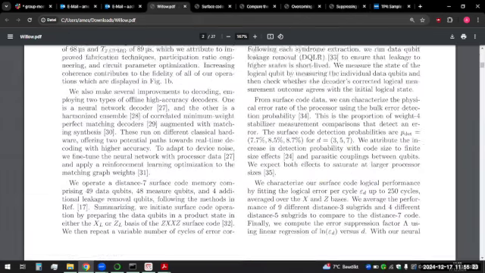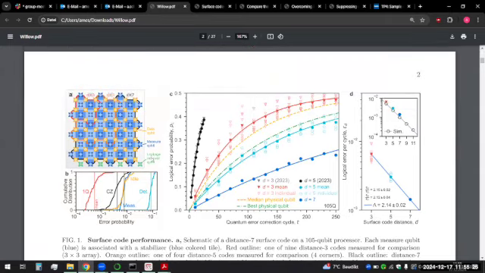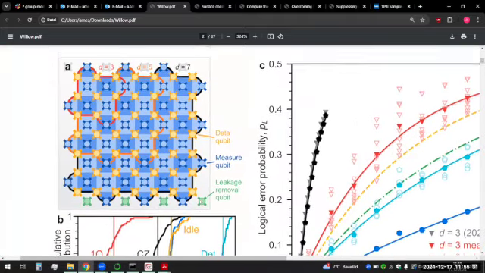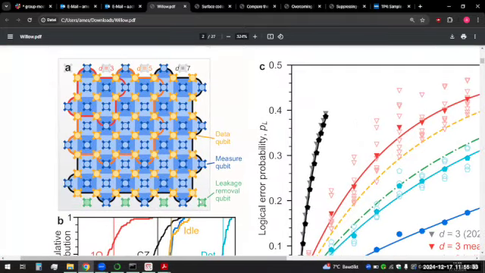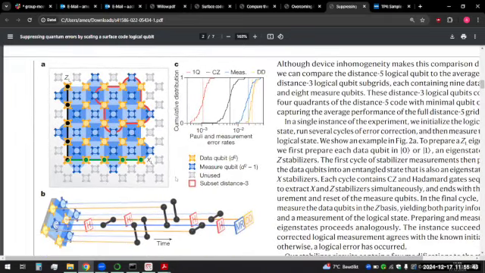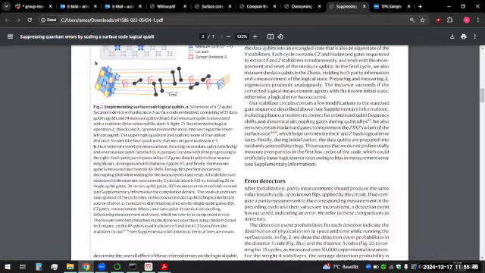So they were not in the previous chip, right? I mean, they say that they are using, wait, I think they're using DQLR here, are they?